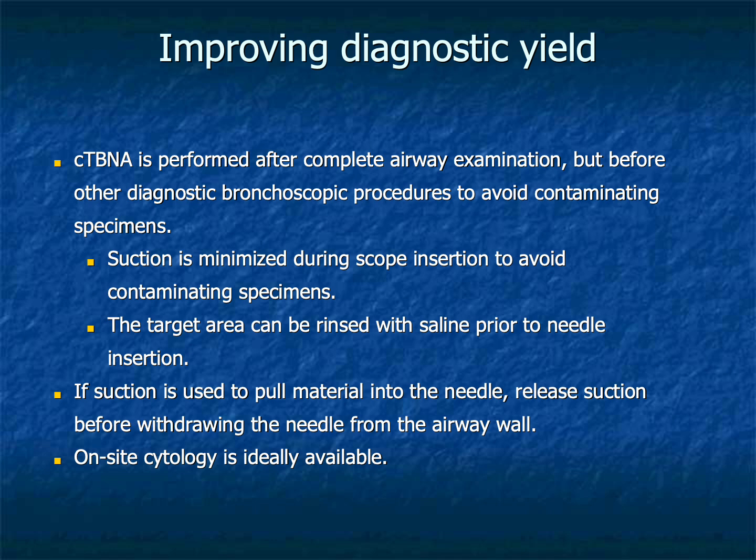Similarly, suction should be used sparingly during insertion of the bronchoscope whenever possible. If aspiration suction is applied during sampling, negative pressure should always be released before withdrawing the needle from the airway wall. This simple maneuver helps retain aspirated material within the needle and prevents contamination of surrounding tissues.